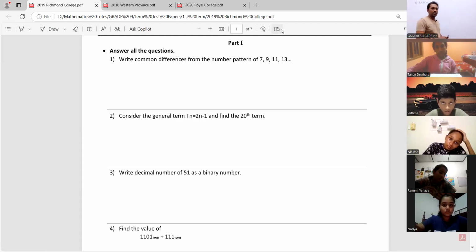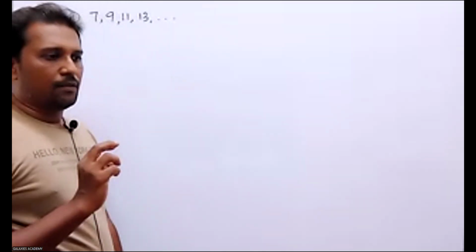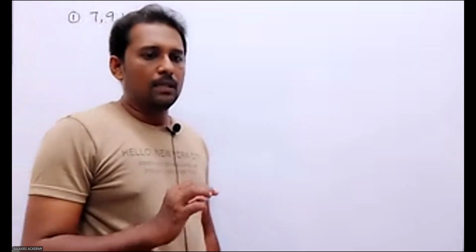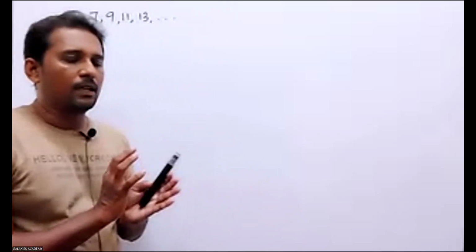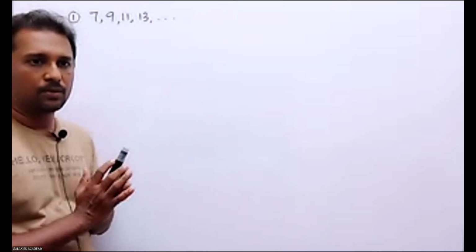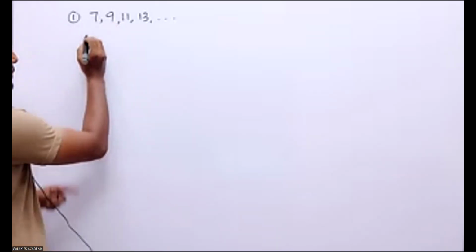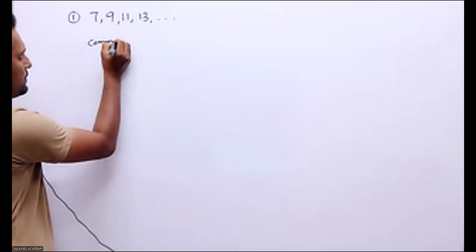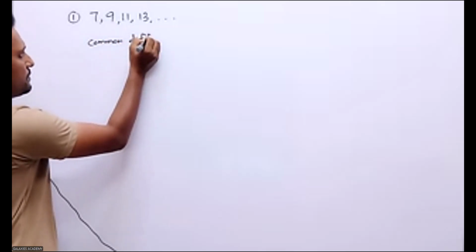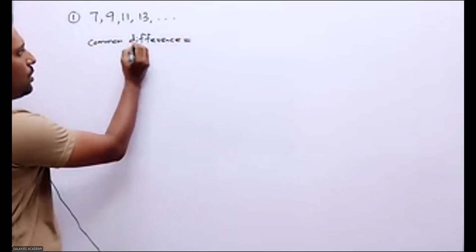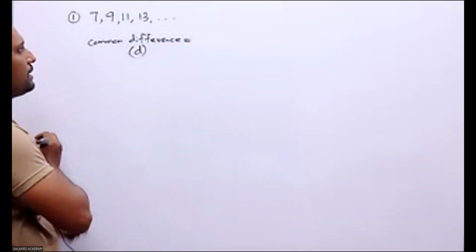When you find the common difference, you have to subtract two consecutive terms. The common difference symbol is simply d.